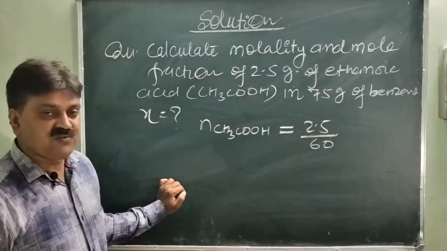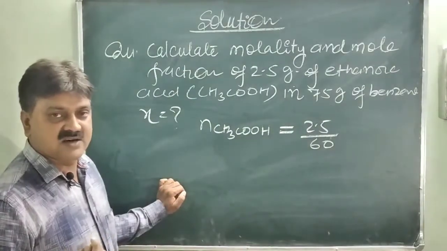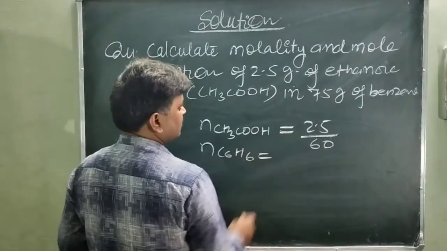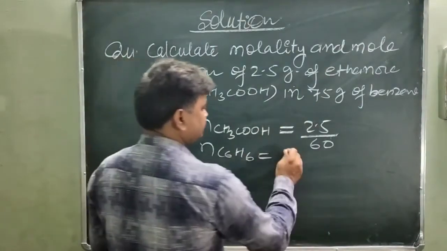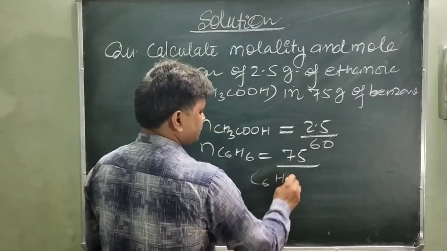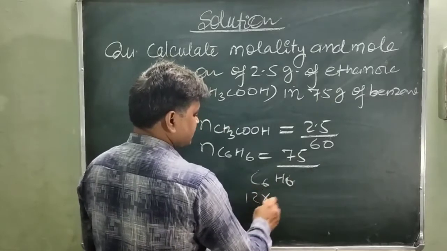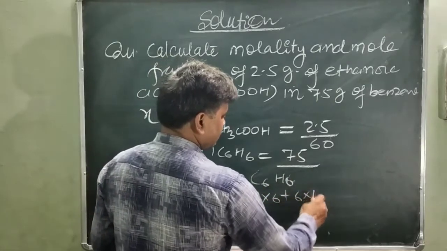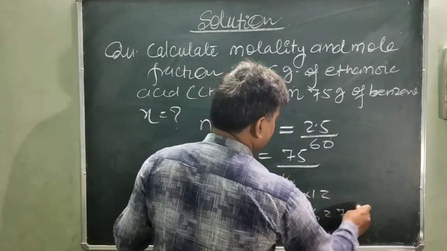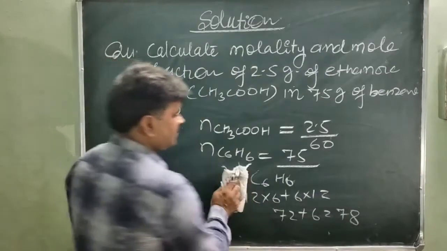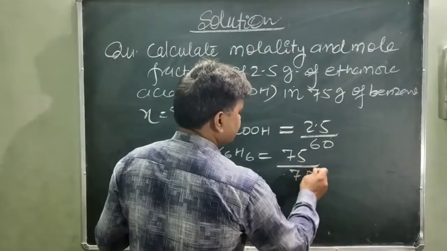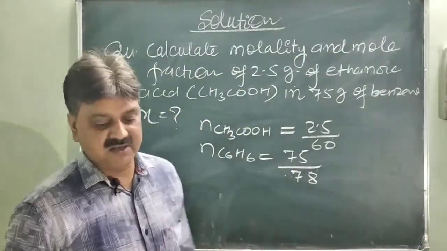Similarly, the number of moles of the solvent benzene, C6H6, is given mass 75 upon the molar mass of benzene. C6H6 is 12 into 6 plus 6 into 1, which is 72 plus 6, equal to 78. So the molar mass of benzene is 78. These are the numbers of moles of the solute and the solvent.